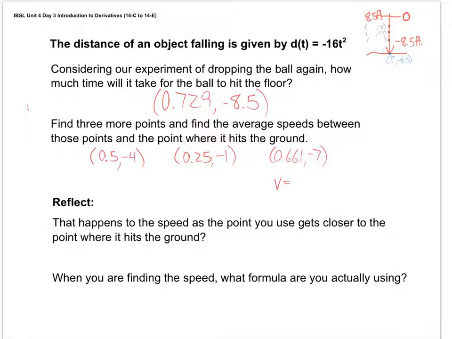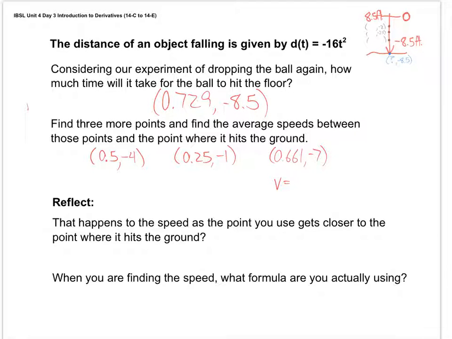No, you're doing average velocity from when it started to drop to where it is now. We want average velocity from where it is now to where it hits the ground. The time difference is 0.68.